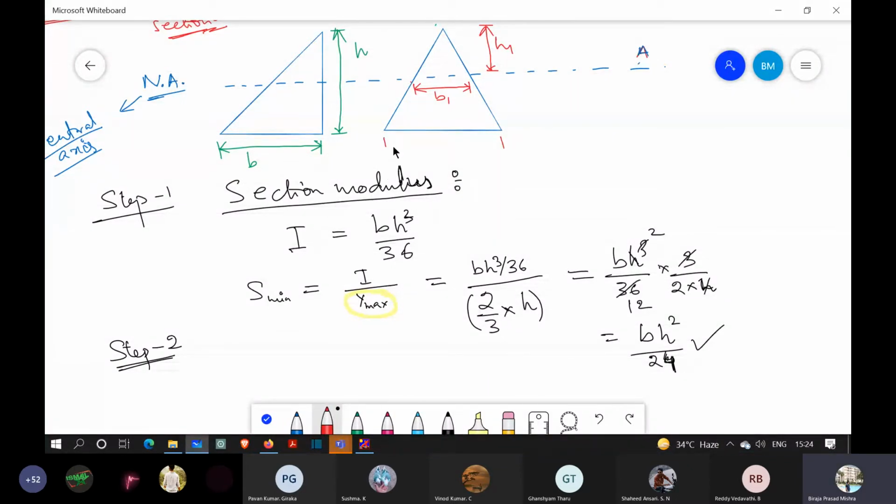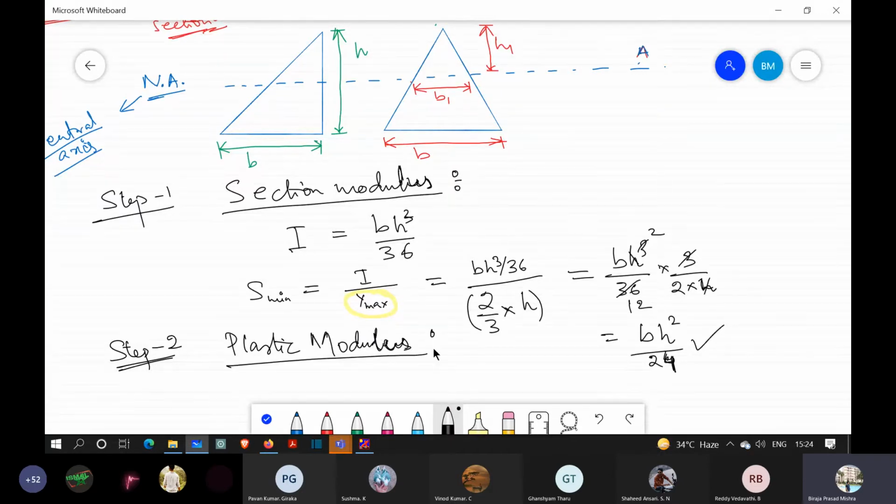So next step, all of you please pay attention, because this part might not have been taught to you in any earlier classes. Whenever you study your design of steel structures, you will find this difficult to understand. In steel structures this part is already there. So for plastic modulus, first let us see these ratios. Please pay attention to the diagram.